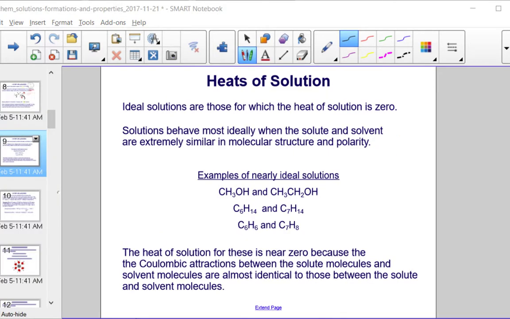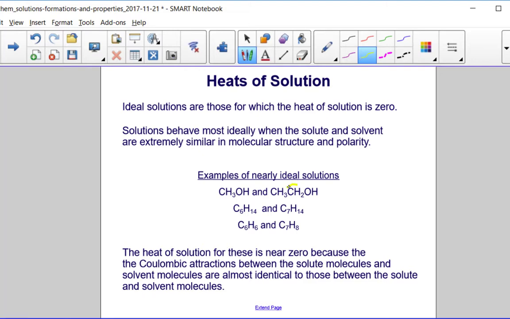An ideal solution is one for which the heat of solution is 0. An ideal solution is most likely to occur when the solute and solvent are extremely similar in both molecular structure and polarity. So for example, this methanol and ethanol solute-solvent combination are nearly identical.